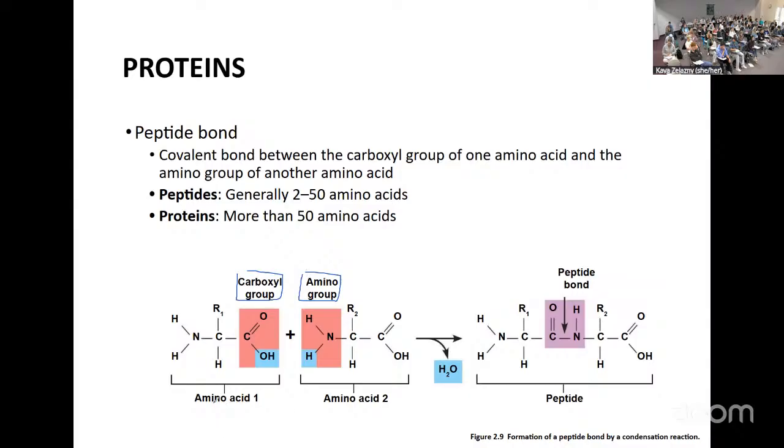From 2 amino acids, when we link them together, here's where we formed a bond between them. Here we've got a covalent bond between the carbon from the carboxyl group and the nitrogen from the amino group. That's referred to as a peptide bond. The peptide bond is the covalent bond linking together amino acids.